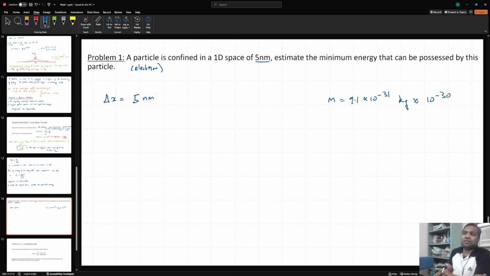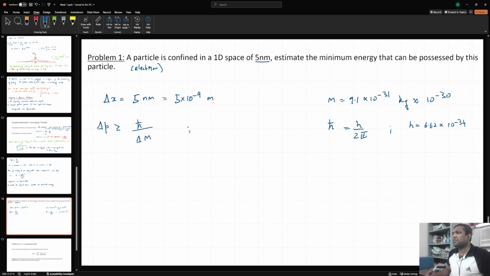I'm writing everything in the corresponding SI units, so delta x is 5 into 10 to the power minus 9. Now delta p is greater than or equal to h bar by delta x. h bar is h by 2 pi, and h is 6.62 into 10 to the power minus 34, and the denominator is 6.28 or so. So I'm just going to say this is approximately 10 to the power minus 34. I'm being very loose here, so it's fine.